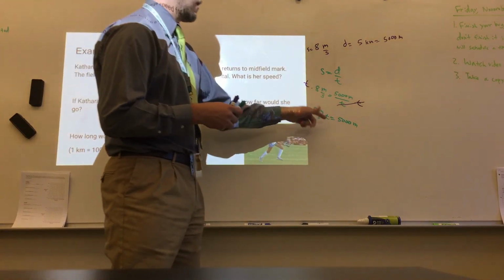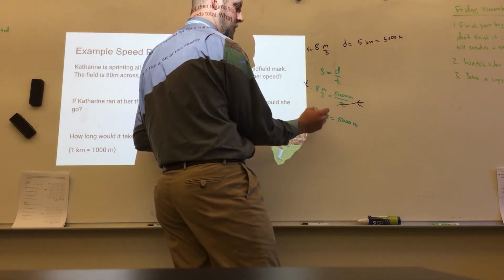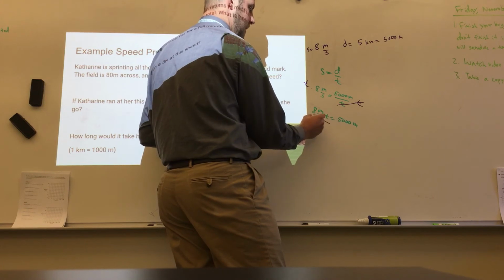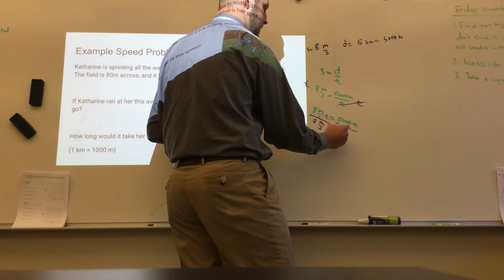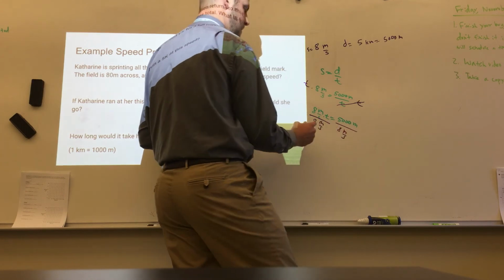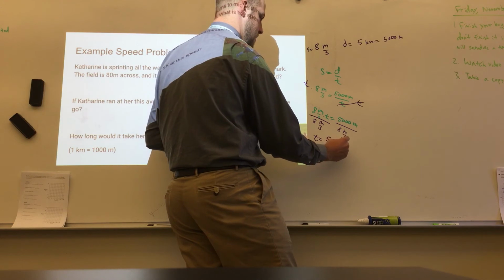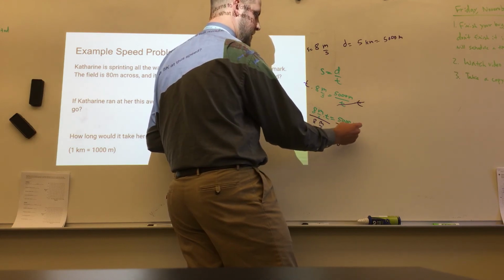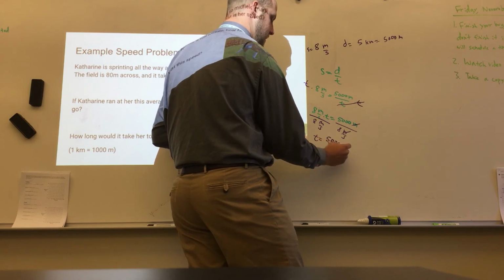To get T totally by itself, now we need to get rid of 8 meters per second. Notice we've got multiplication there, so you divide by 8 meters per second on both sides. T is equal to 5,000 meters cancel out, so it's just 5,000 divided by 8 seconds.